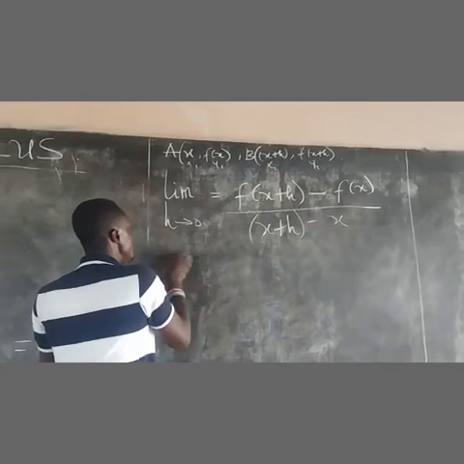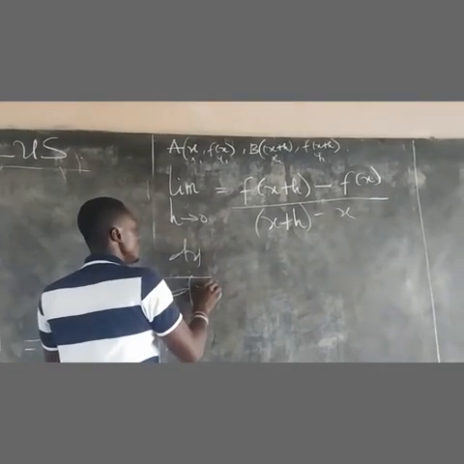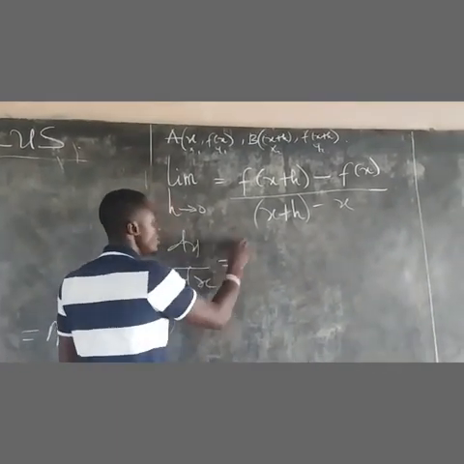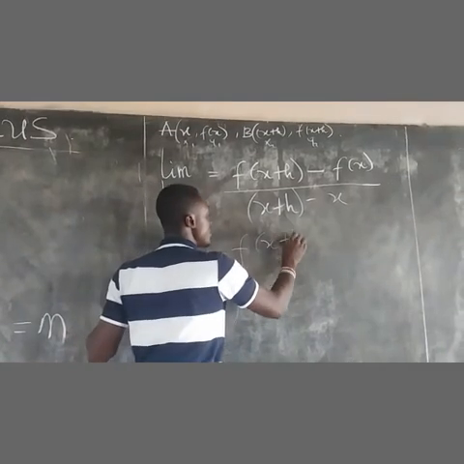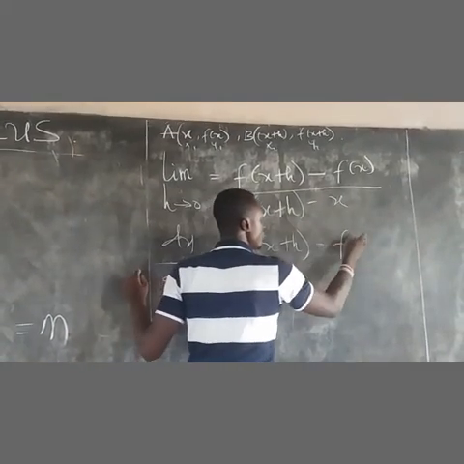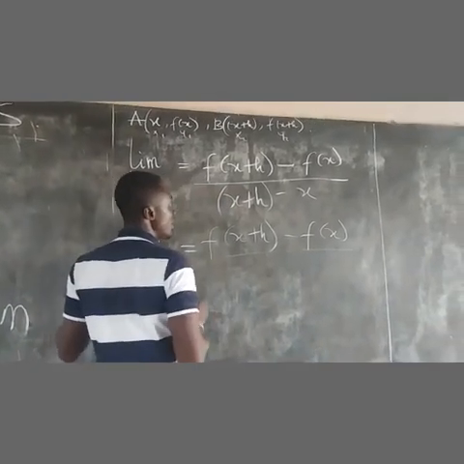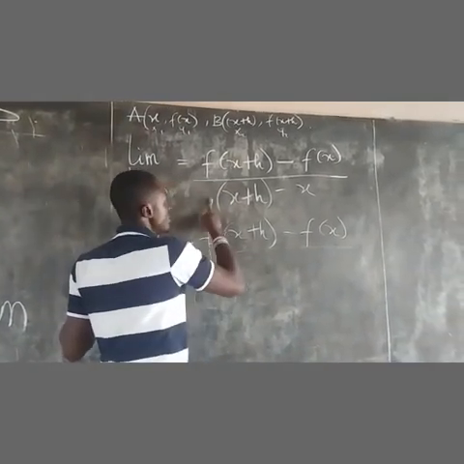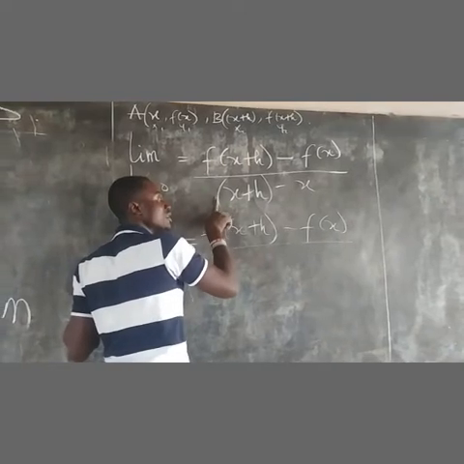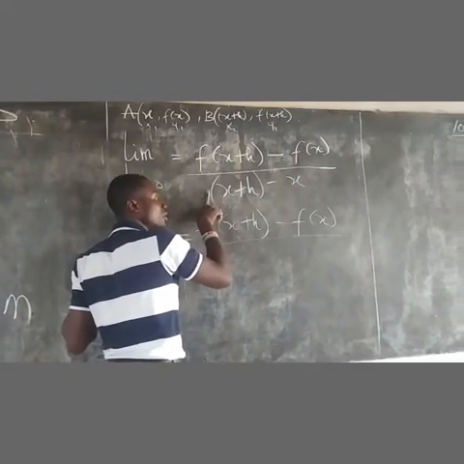So now we have our dx, which is equal to f of x plus h minus f of x divided by, don't forget, the coefficient of this term is 1.